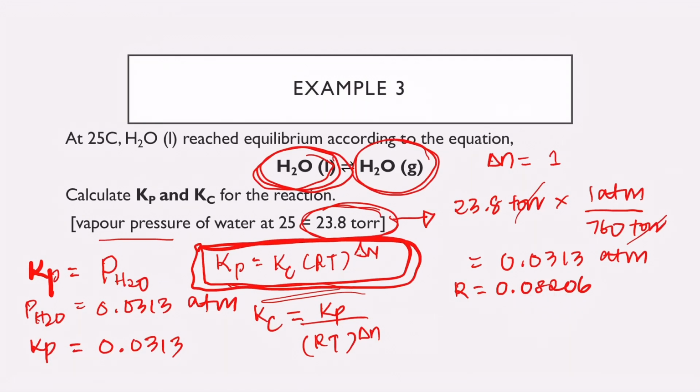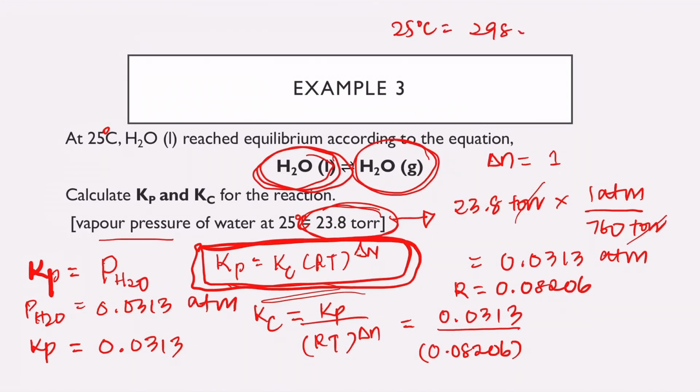Look at its units again. So, substitute the values: Kp, 0.0313, over R, 0.08206. Temperature: 25 degrees Celsius equals how much? 298.15 Kelvin, right?